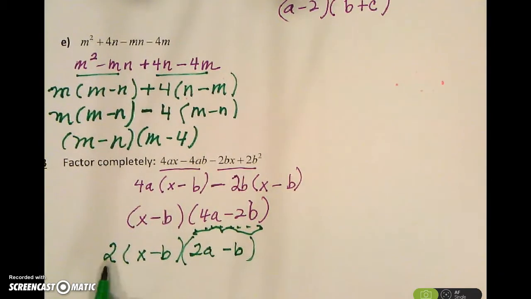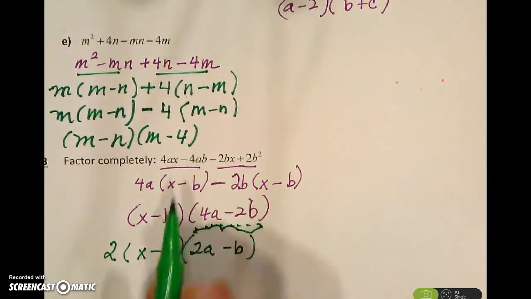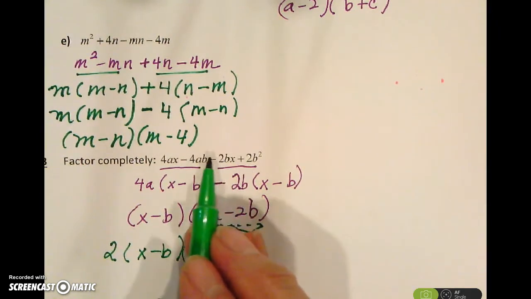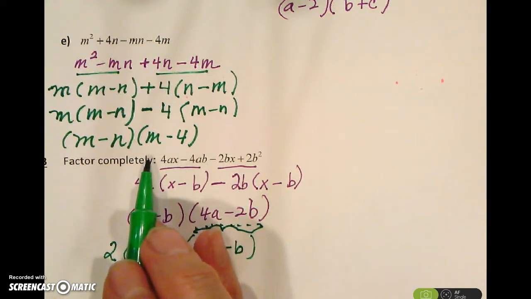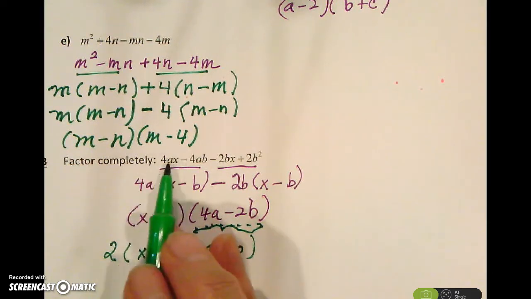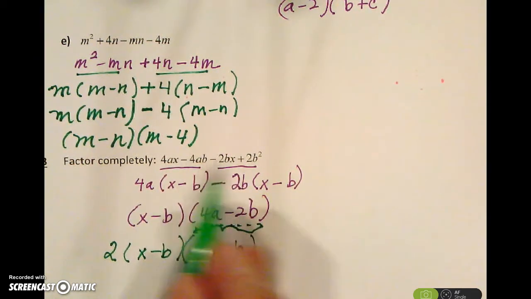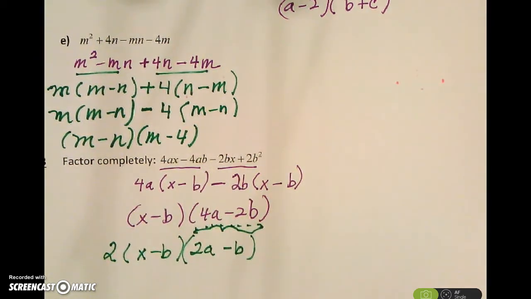And so my fully factored expression is going to be 2 times x minus b times 2a minus b. And again, if you had noticed that from the very beginning, you could have taken that 2 out to begin with, and then taken the remainder, those 4 terms, and then factored by group 2, group 2.